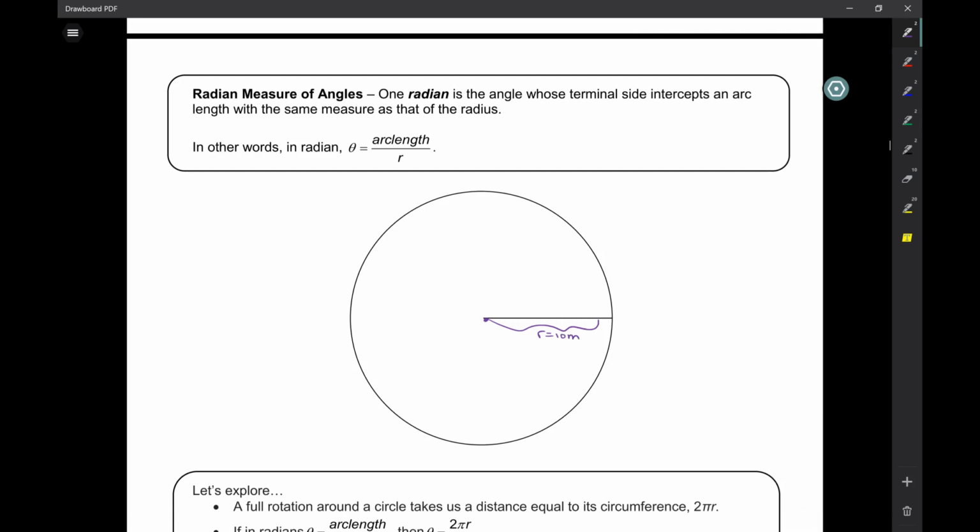So your coach, who is also a mathematician, puts you right here where the angle is 0, and he slaps a pedometer on you that would measure your steps. And he says, okay, you have to walk the exact length of this radius. So basically you have to walk 10 meters across this field.